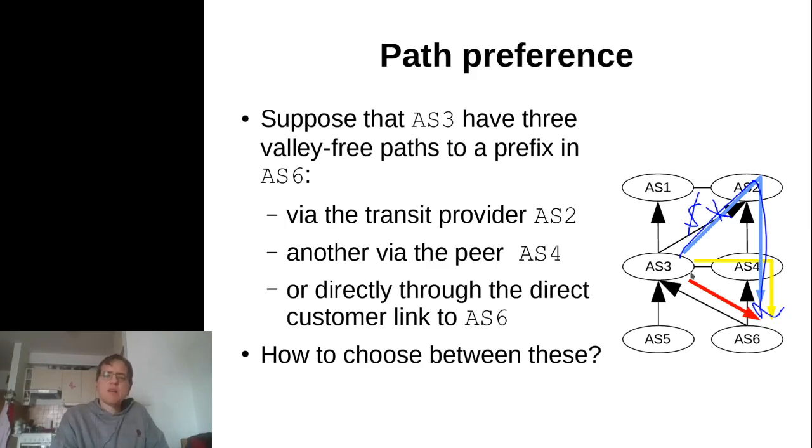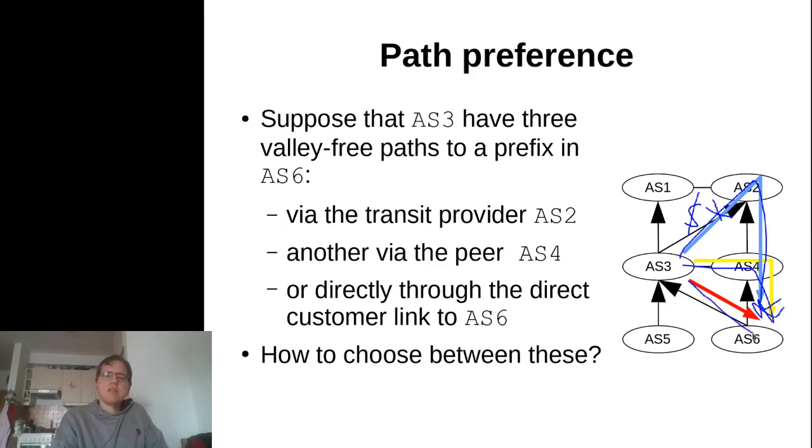But in this particular case, it has other choices. It may use the peer link through AS4, and exactly this is why the peer link is there: to exchange local traffic between AS3 and AS4, or the customer traffic. But it might be the case that AS3 might just overwhelm this peer link with traffic. So whenever there is other choice, AS3 will actually refrain from using that path.